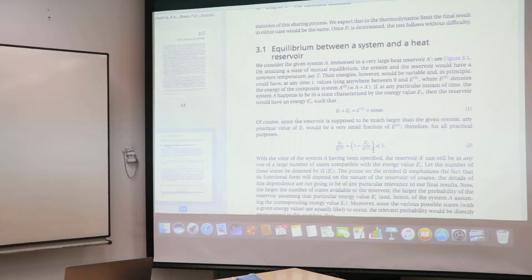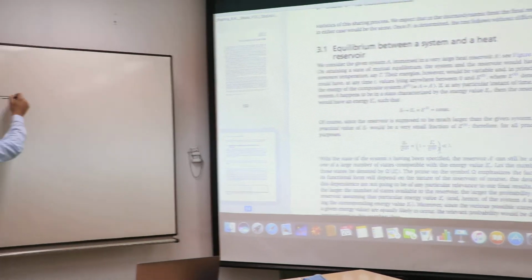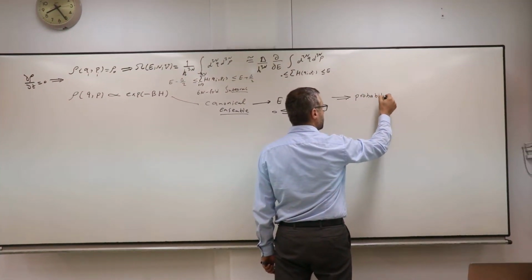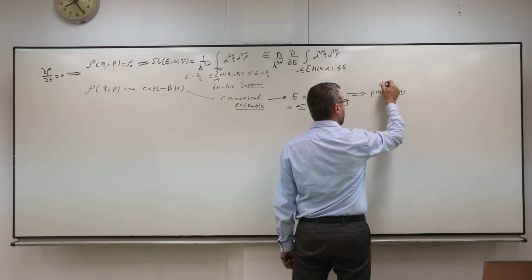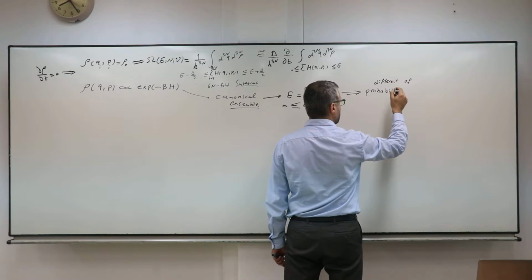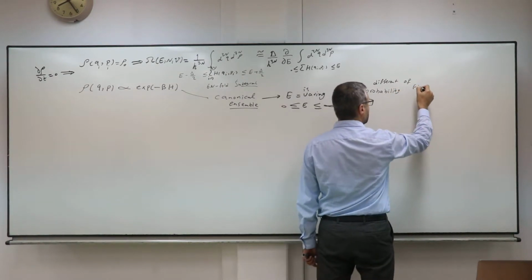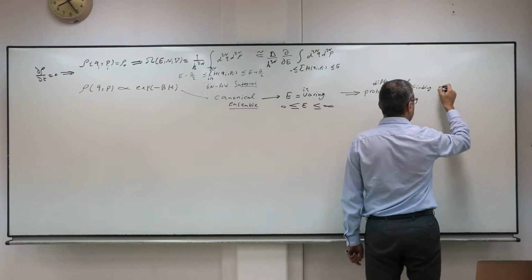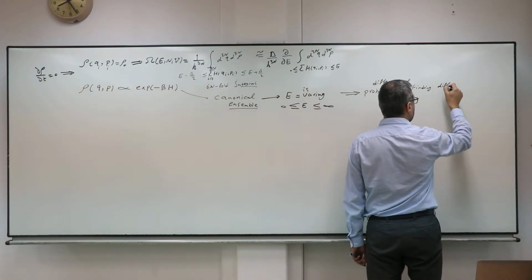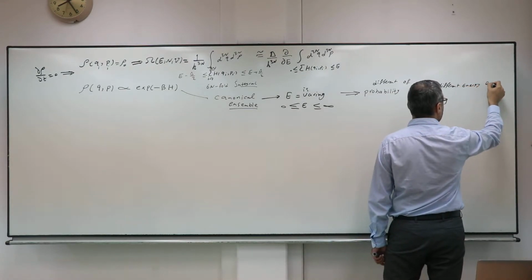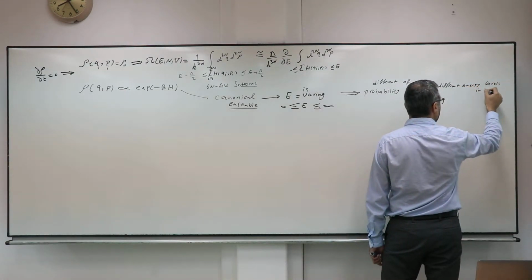What is important in the canonical is that we have different probabilities of finding different energies in the whole system.